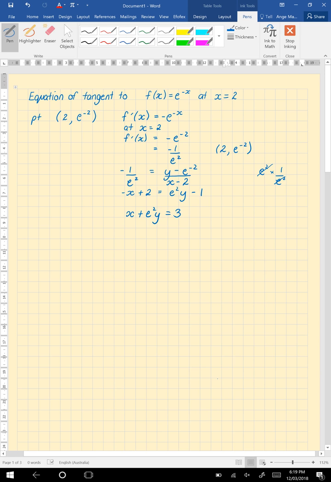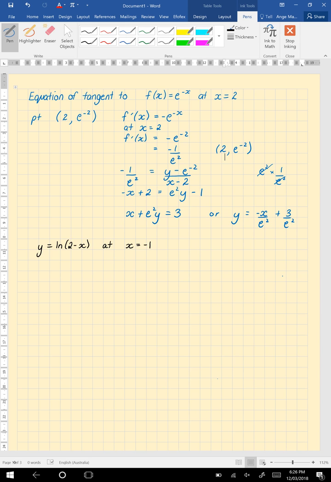So you can have it like that, or you could pop this in the y-intercept form, and so we get y by itself, so the x is over the other side, so it becomes minus x, I'm dividing by e squared, plus 3 over e squared. So whichever one you want, but it's the same thing that we've been doing before. Okay, equation of tangent, get the slope, get the point, off you go.